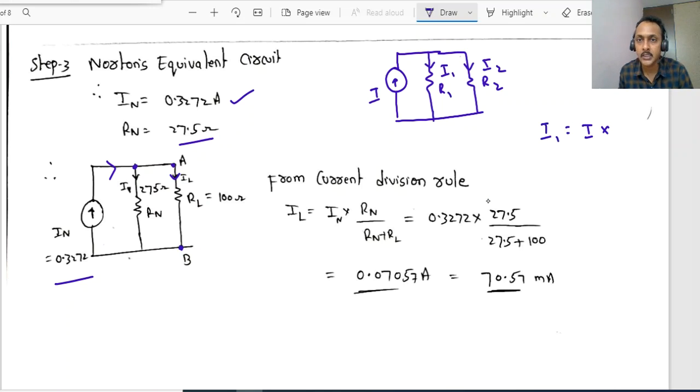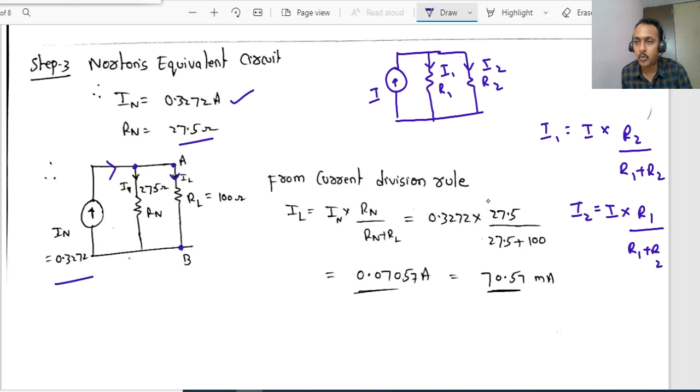What is the opposite resistance for R1? R2, divided by total resistance. What is total resistance? R1 plus R2. Similarly, to calculate I2, the formula is the same: total current into opposite resistance. What is the opposite resistance? R1, divided by R1 plus R2.